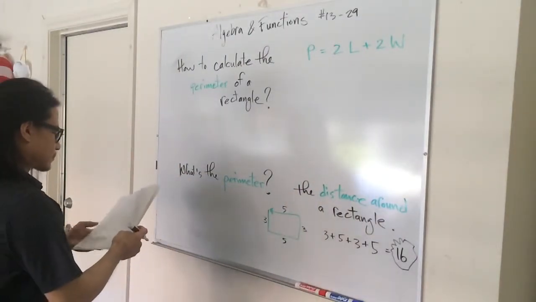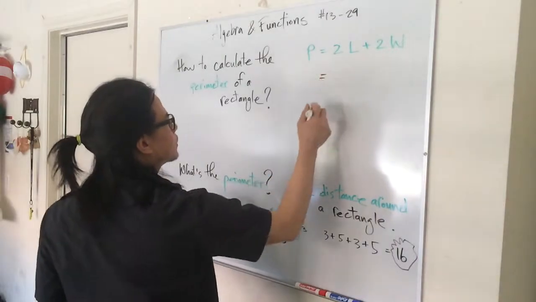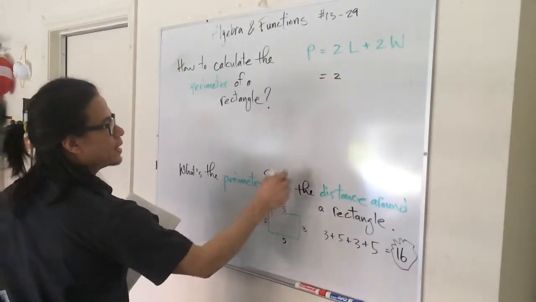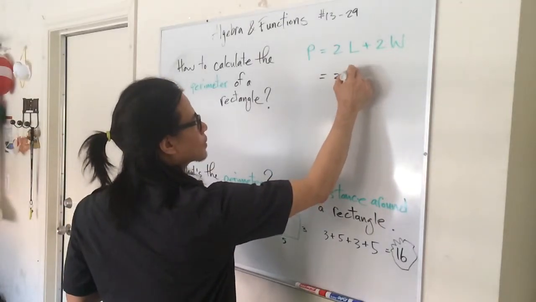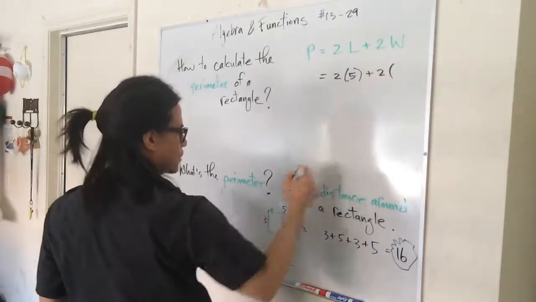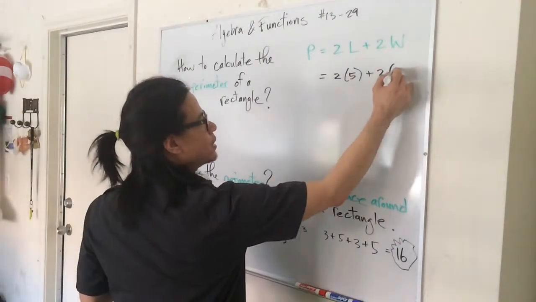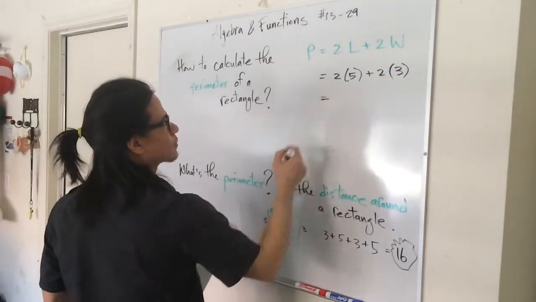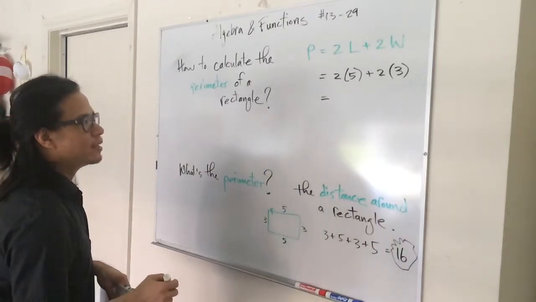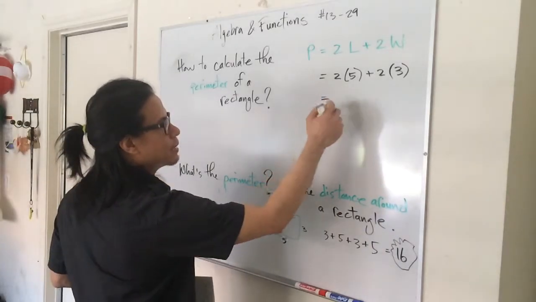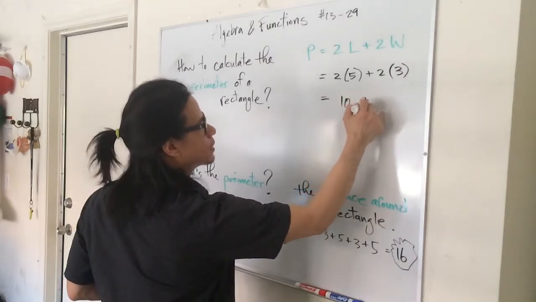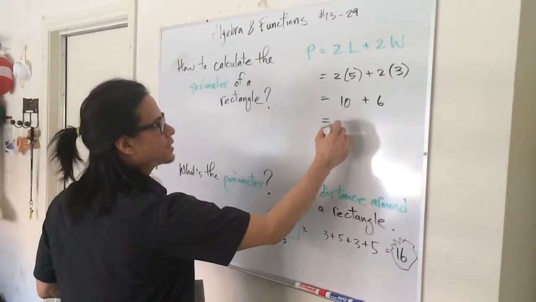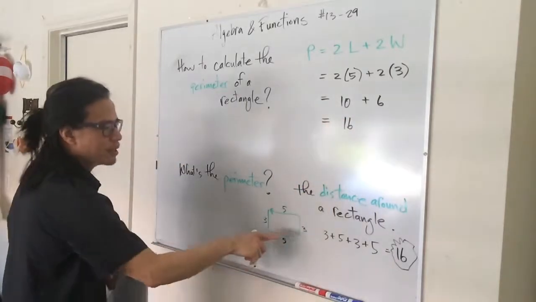Okay. So here you have 2 times the length is 5 plus 2 times the width is 3. Remember, width is the short side, length is the long side. 2 times 5 is 10, plus 2 times 3 is 6. 10 plus 6 is 16.